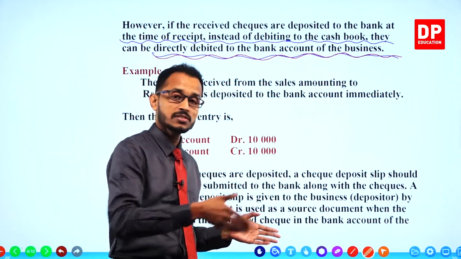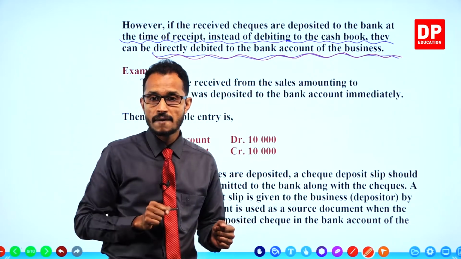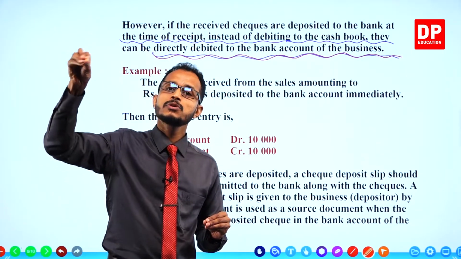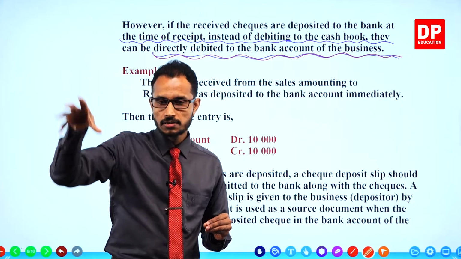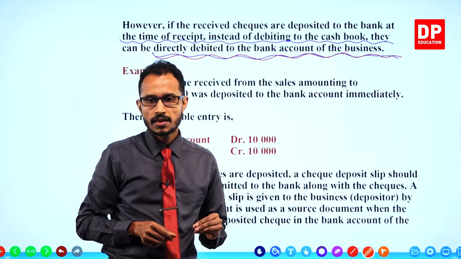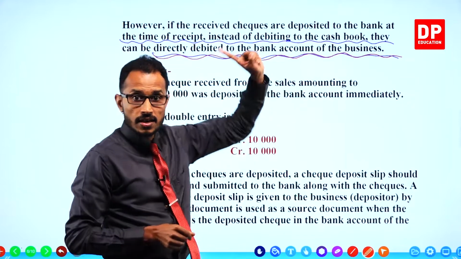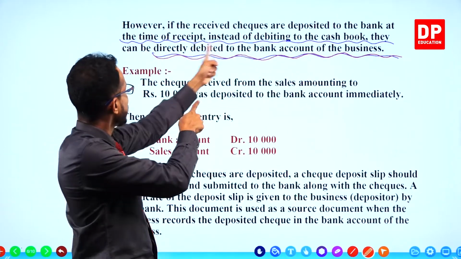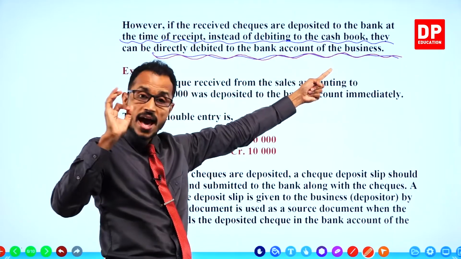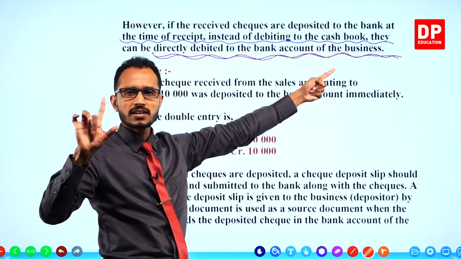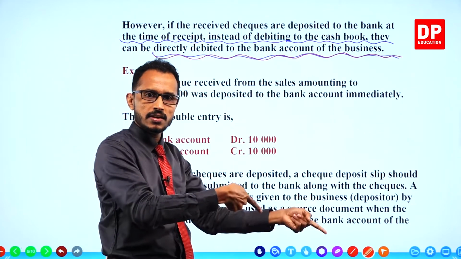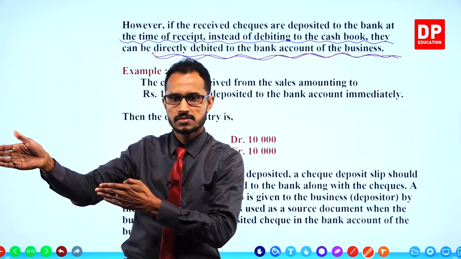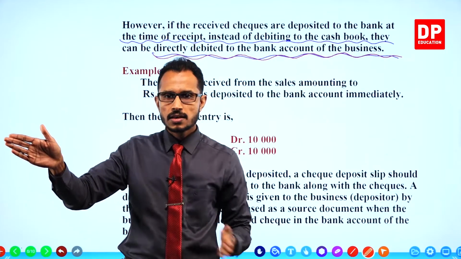That means your cash book is not going to be debited. Directly, you tell the customer to deposit the check in the bank. In that case, children, cash is not debited. The bank account is directly debited because the check doesn't come to your cash till, it goes to the bank. So bank money increases directly. You get it?